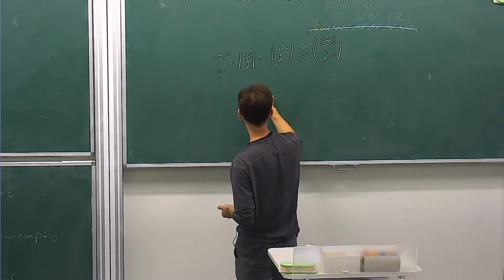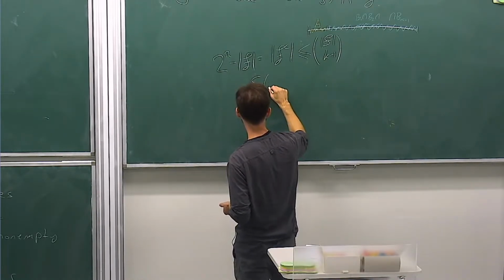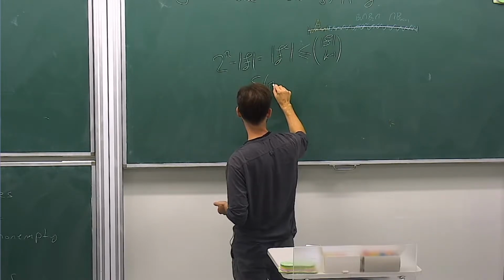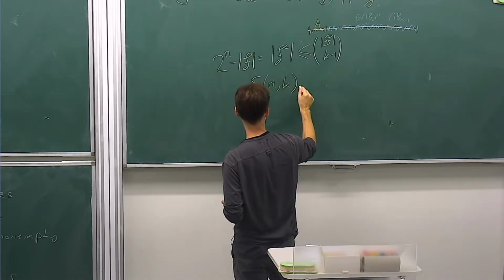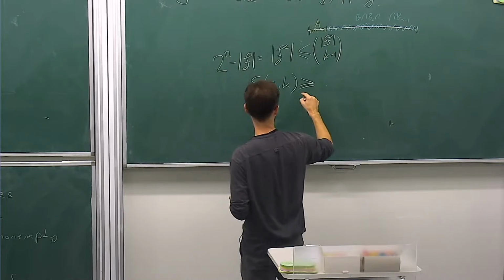So this gives us a general lower bound on f of n, k.